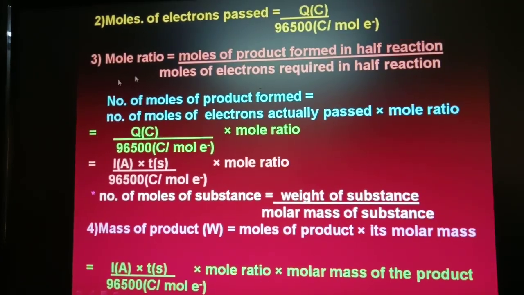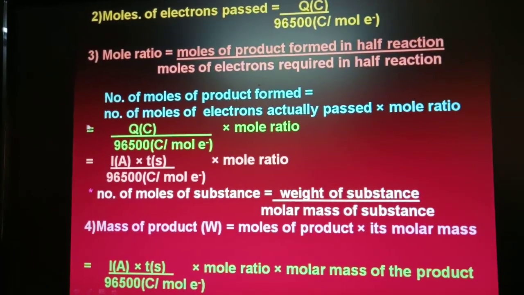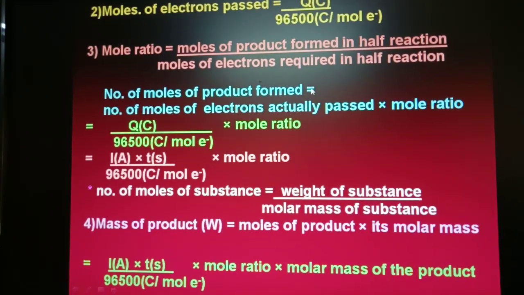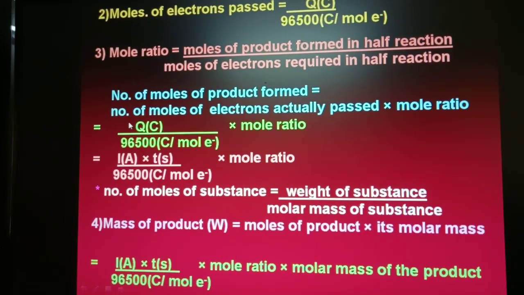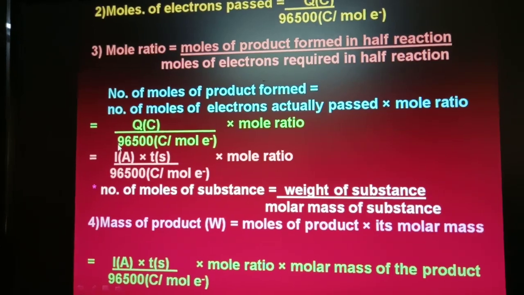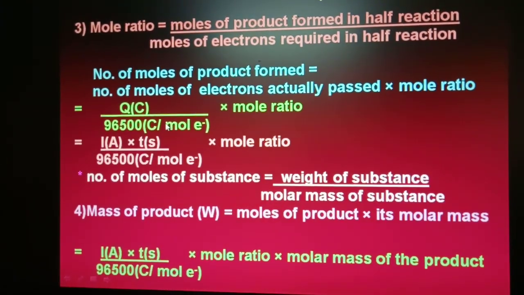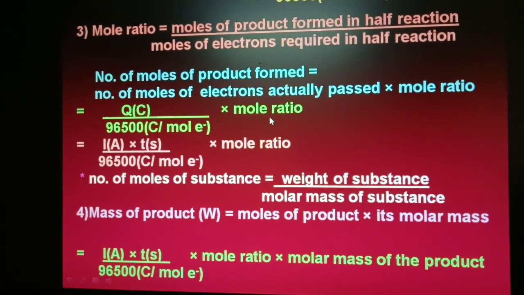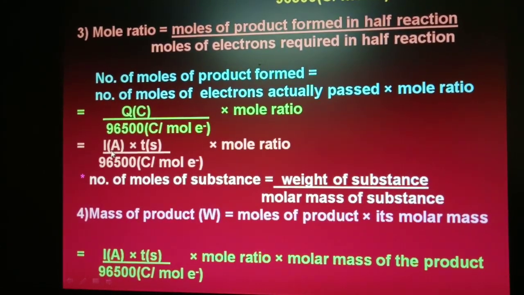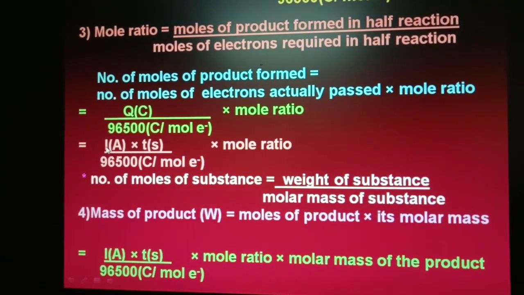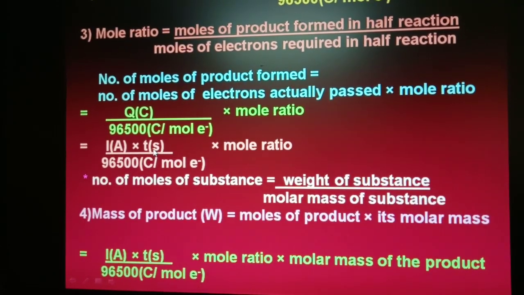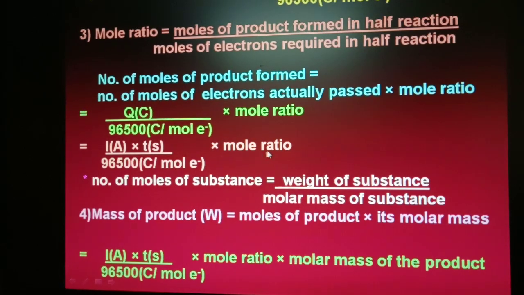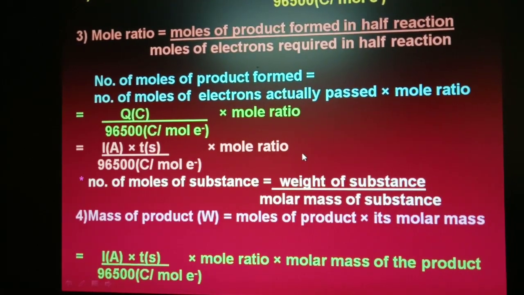So number of moles of product formed can also be written as Q upon 96,500 coulomb per mole electron multiplied by mole ratio, which is also equal to current multiplied by time divided by 96,500 multiplied by mole ratio.